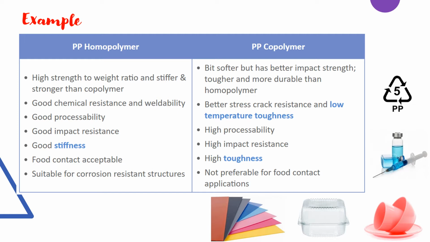As you can see, polypropylene homopolymer has a high strength-to-weight ratio and is stiffer and stronger than copolymer, but polypropylene copolymer is a bit softer and has better impact strength, and is tougher and more durable than homopolymer. So you can see here that the copolymer enhances the properties.